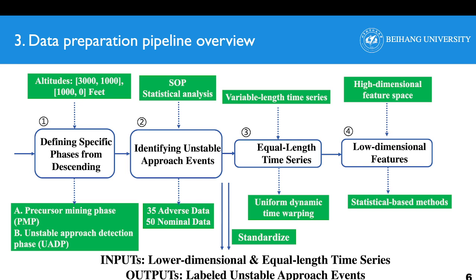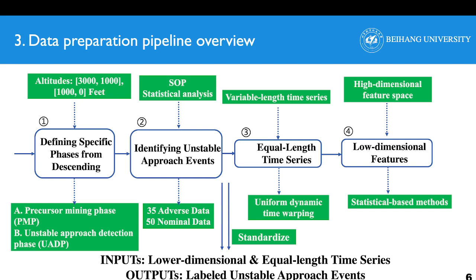Second, we aim to identify and pinpoint unstable approaches in the UADP according to standard operating procedures and statistical analysis. Then, we use uniform DTW to transfer variable length time series into equal length ones, providing consistency in our data inputs.